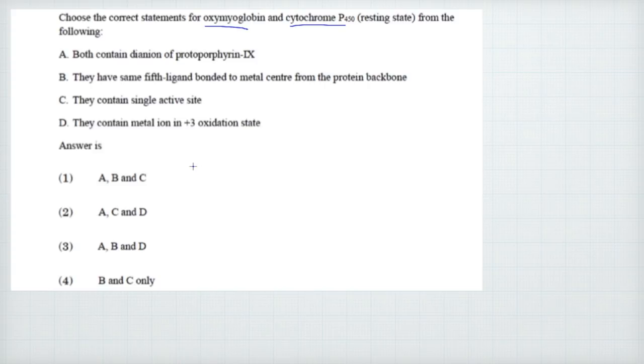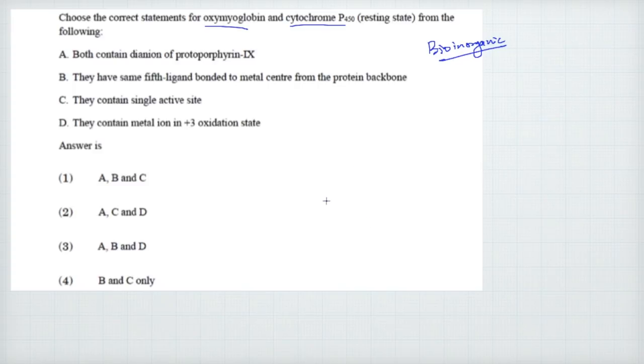This was actually asked from bio-inorganic chemistry, and I always suggest you keep studying bio-inorganic chemistry and keep reading its terms and topics. If you have studied oxymyoglobin and cytochrome P450, you could have answered this question very simply. It was a very simple question.